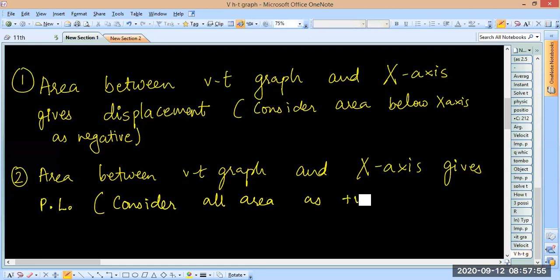Consider all area as positive. So these are the two sentences. Now, we have 2 minutes, right?